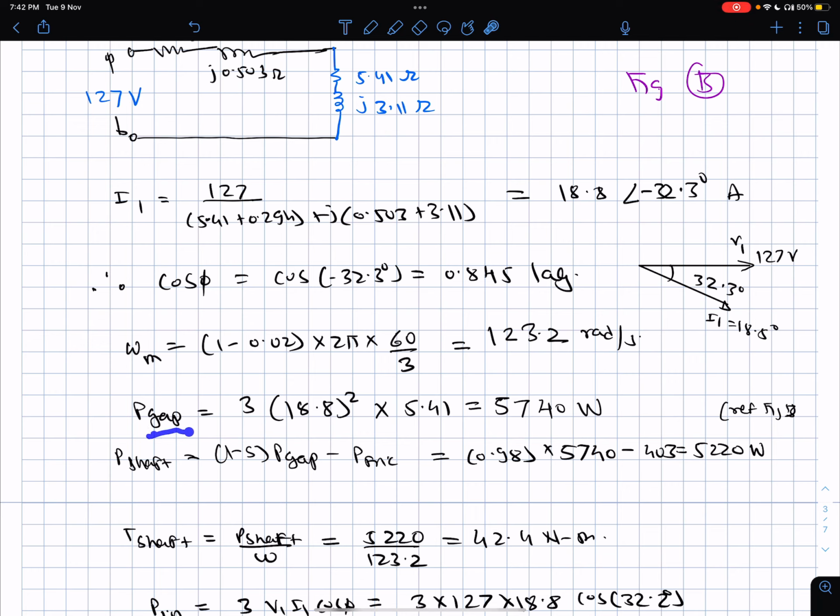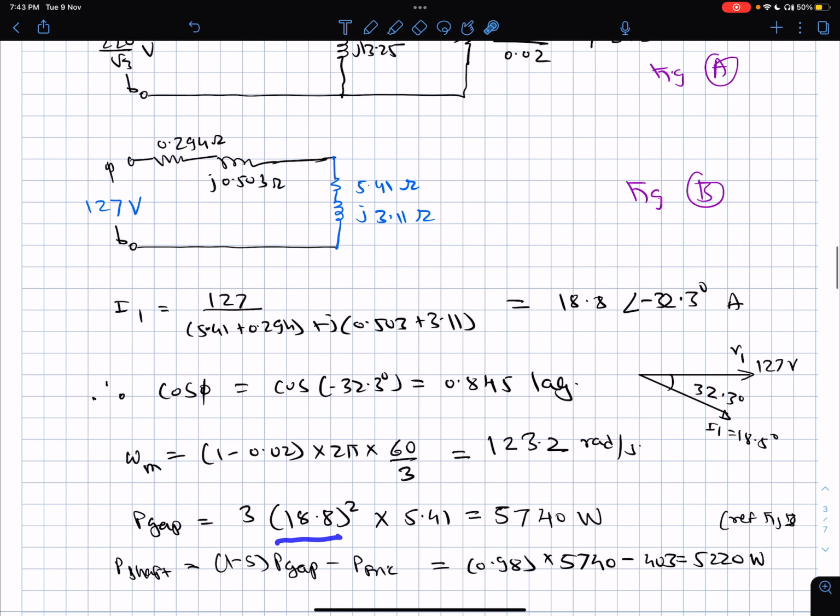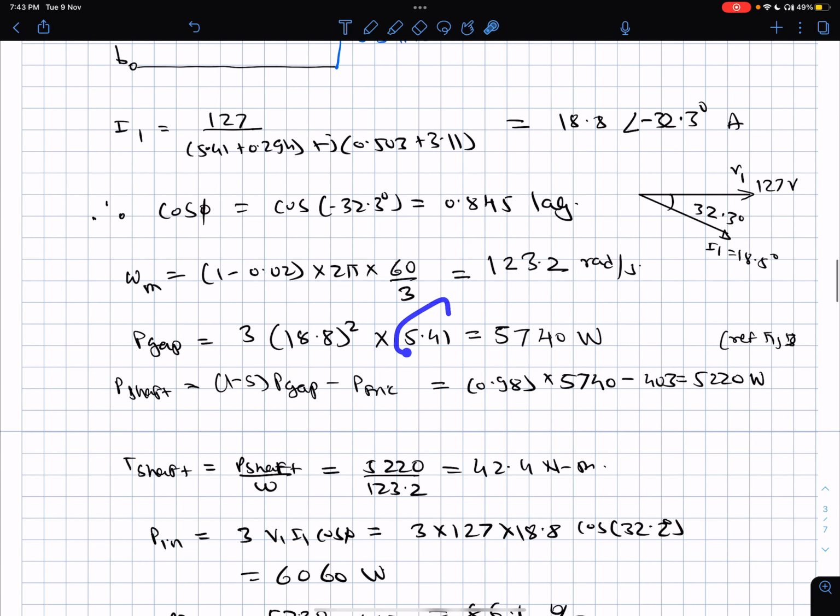So first of all, the air gap power transferred to the rotor side for a three-phase machine will be three times the current flowing through it squared, into this equivalent resistance which we have got here, 5.41, which is to say that we will be transferring 5740 watts.